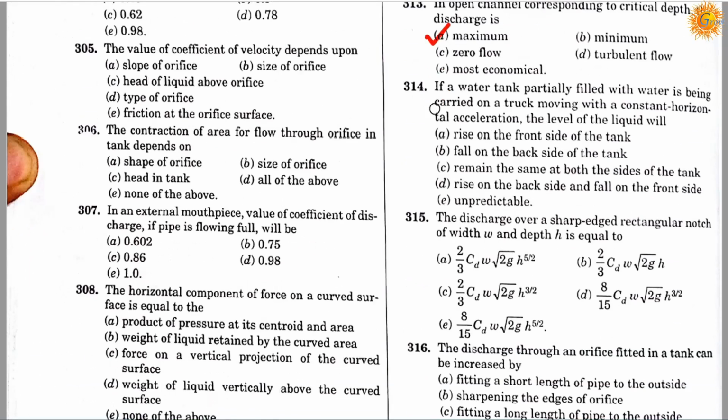Question number 314. If a water tank partially filled with water is being carried on a truck moving with a constant horizontal acceleration, the level of the liquid will, option A, rise on the front side of the tank, option B, fall on the back side of the tank, option C, remain the same at both the sides of the tank, option D, rise on the back side and fall on the front side, option E, unpredictable.